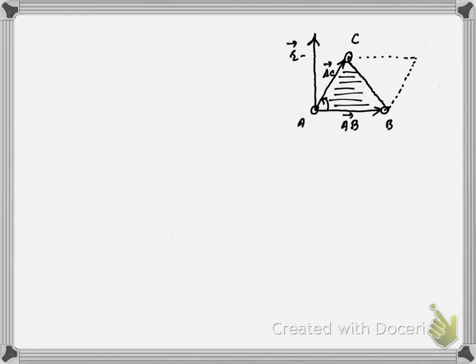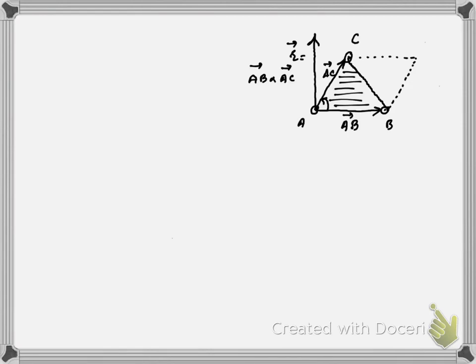This vector AB cross AC is perpendicular to AB and AC both.